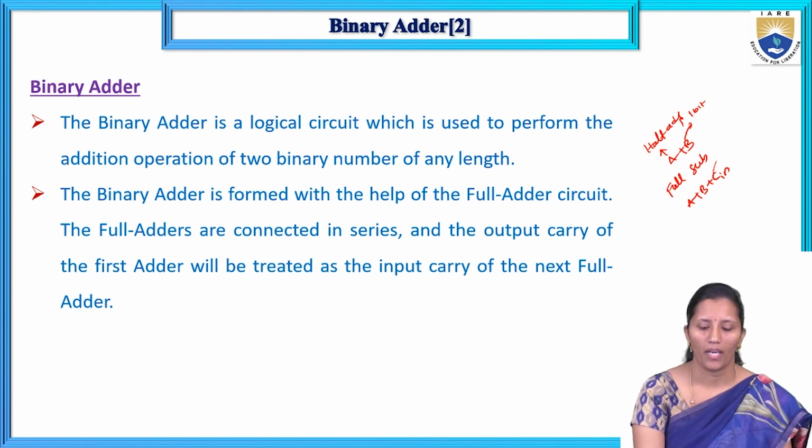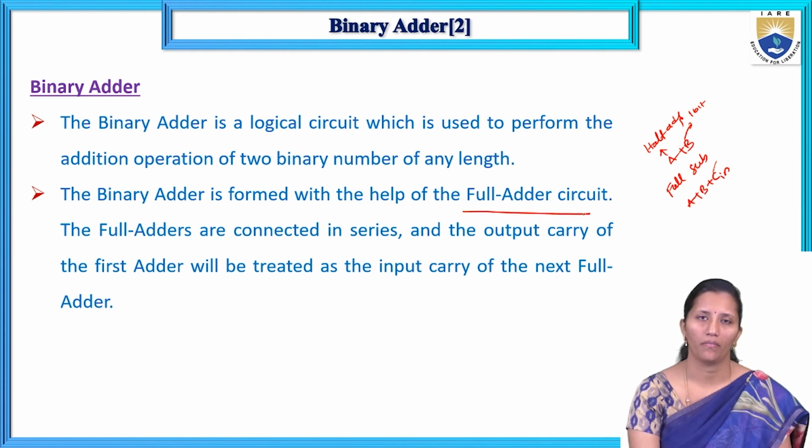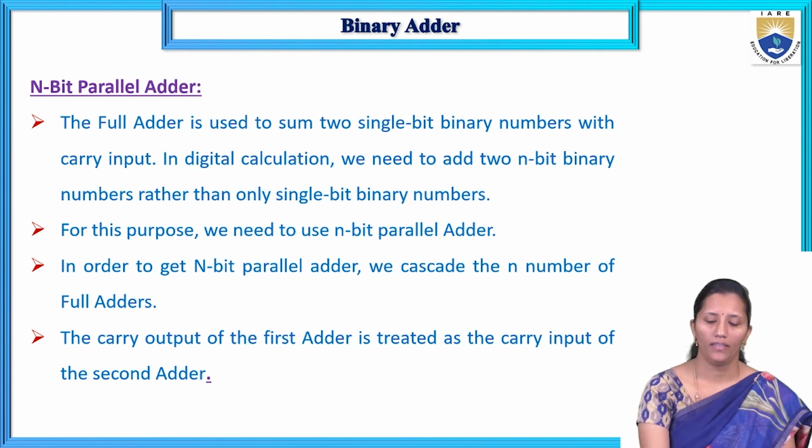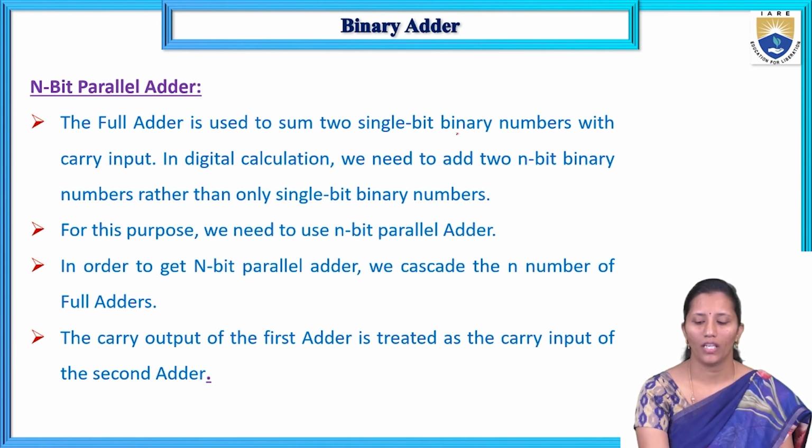The binary adder is formed with the help of full adder circuits. The basic element for the binary adder is the full adder circuit. If the full adders are connected in series, the output carry of the first adder will be treated as the input carry of the next full adder. So this n-bit parallel adder is used to sum two binary numbers with carry input.